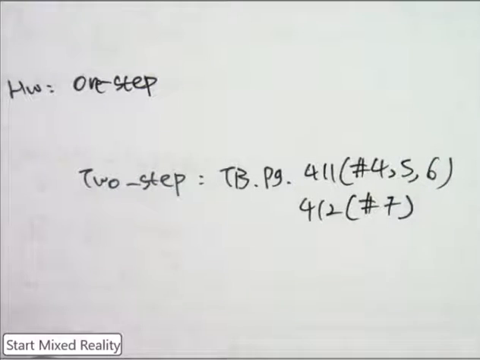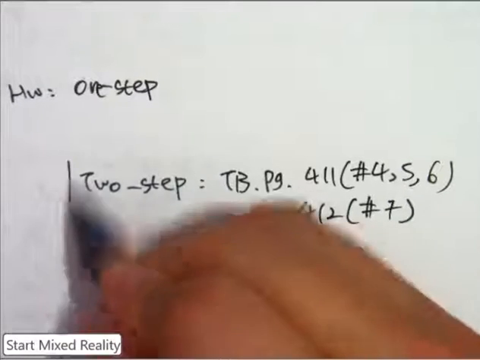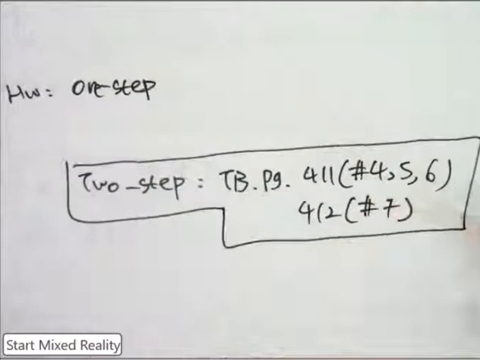For textbook page 411, 456, for 12 number 7. This is for two-step equation. Oops, sorry, 6 and 8. My bad.